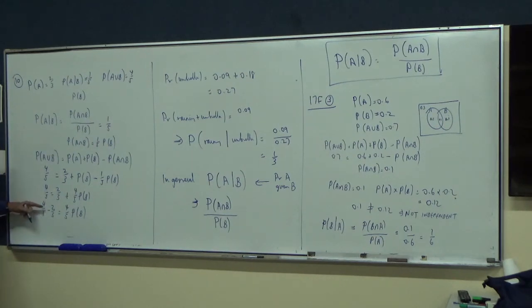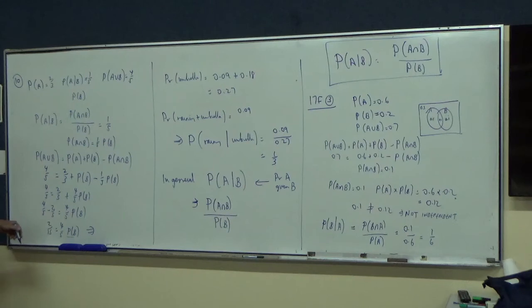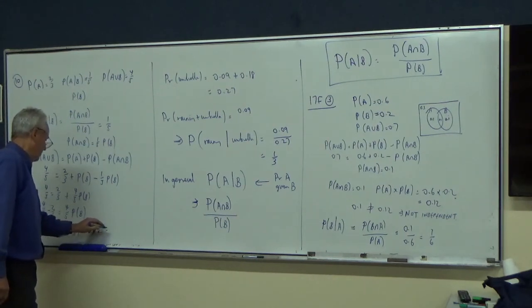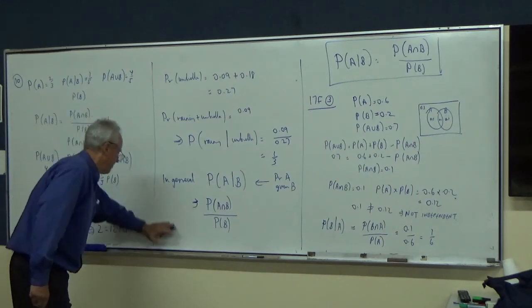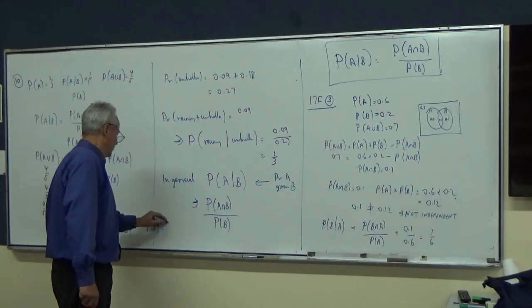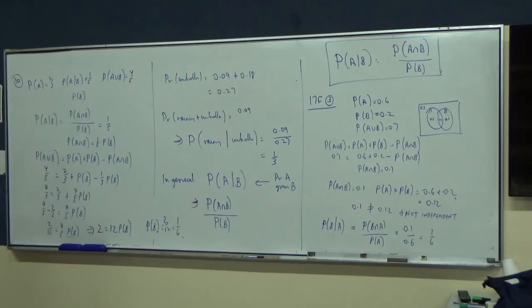That's 12/15 minus 10/15, which is 2/15, equals 4/5 the probability of B. Multiply both sides by 15, so 2 equals 12 times the probability of B. So the probability of B equals 2 over 12 equals 1/6. Hopefully that's the right answer. If not, then blame Conditional.